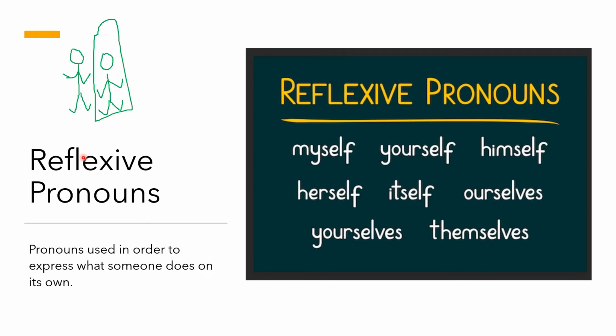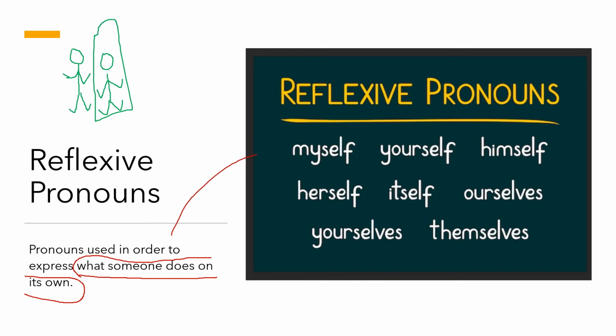Reflexive pronouns are pronouns used in order to express what someone does on their own. Who is doing the action? The action is being done by the same person who is speaking in that sentence.